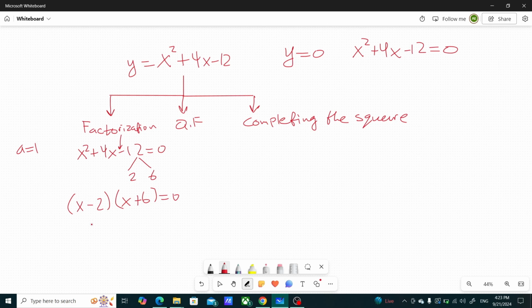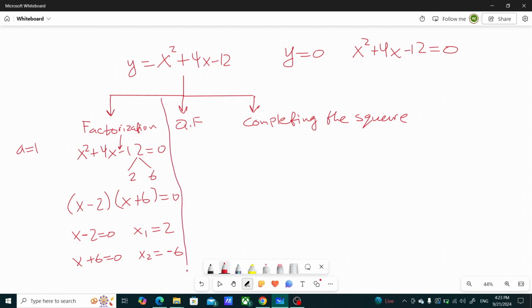When we equate it to 0, we can start by doing x minus 2 equals 0. That will give me an x1 of 2. And x plus 6 equals 0 will give my second solution, or my second root, or my second x-intercept, as x equals negative 6. So this is the first approach to solving.